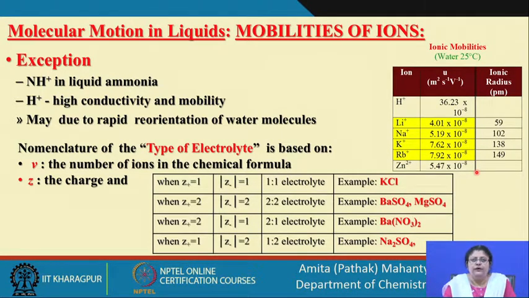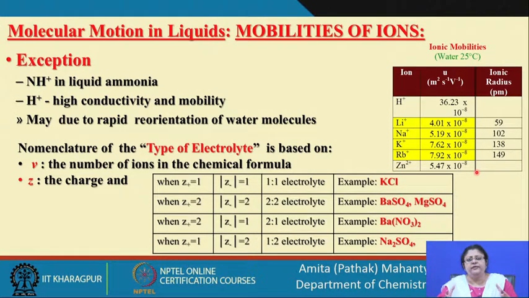For the ions moving in solution, what is happening? The smaller the ion, the higher the charge density over it, and more solvent molecules get attached to it. So the hydrated volume of the sphere of that ion increases.